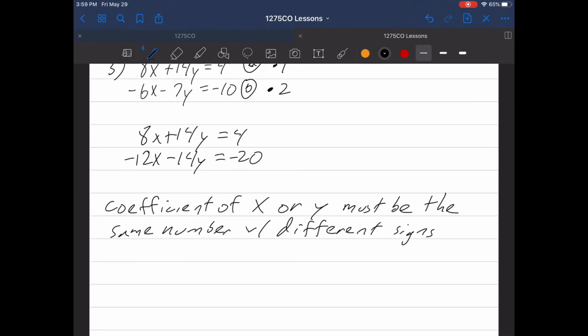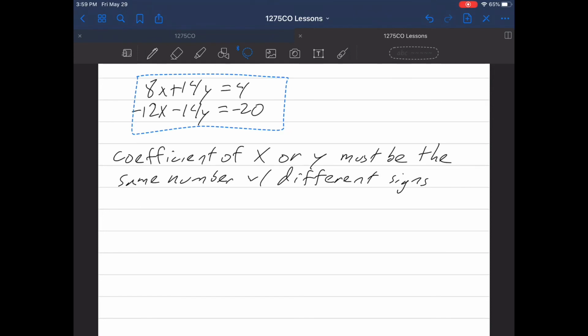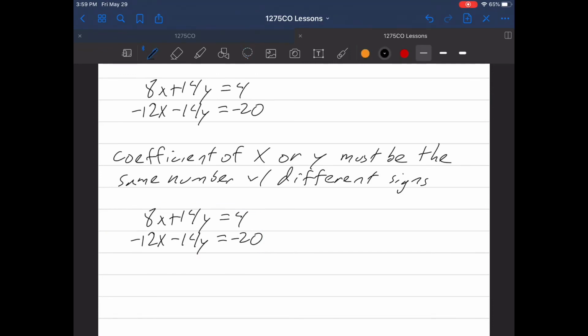Because take a look at what happens when we add these together, right? 8x plus 14y equals 4. Added to negative 12x minus 14y equals negative 20. We're adding them long addition style, so make sure your x's, y's, and numbers line up.